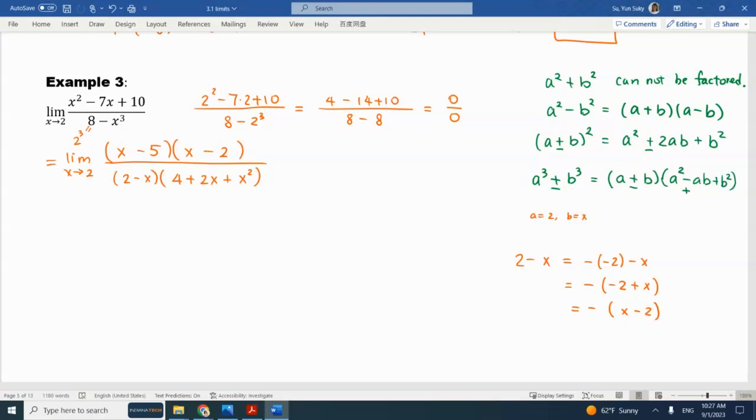So that's why if you have subtraction and you switch them, you get a minus sign in front of it. Okay, everybody? So switch those and you get a minus sign in front of it. Alright, x minus 5, x minus 2. Switch it and you get a minus sign in front of it.